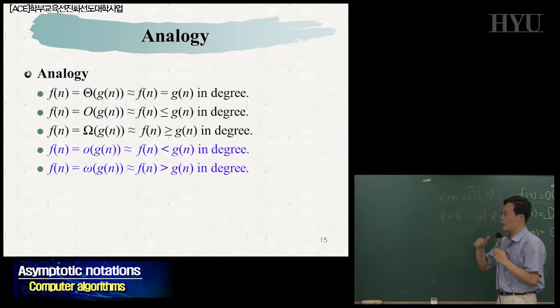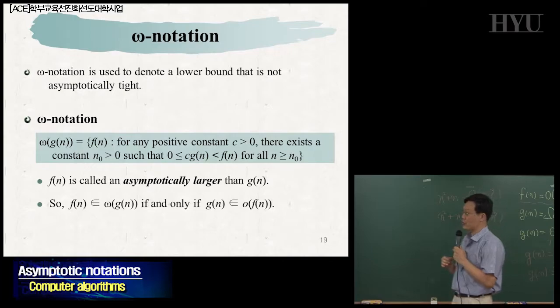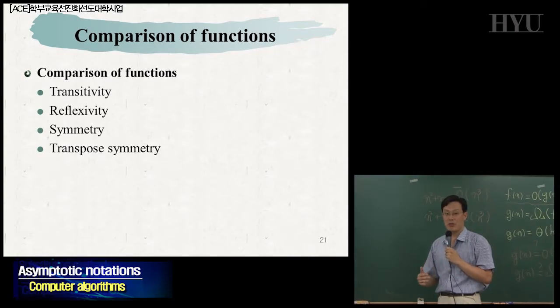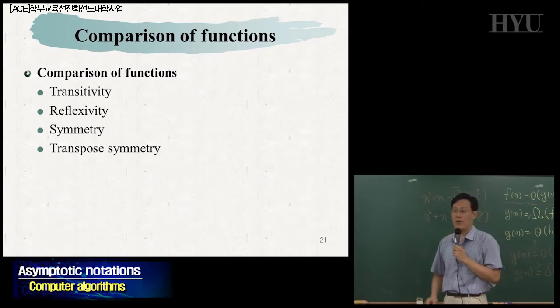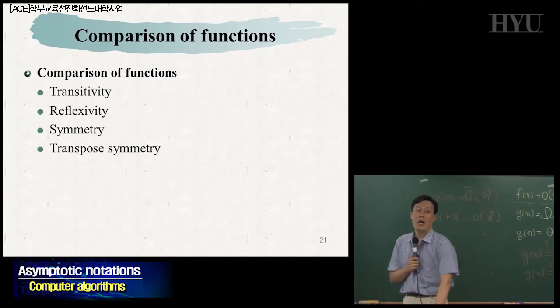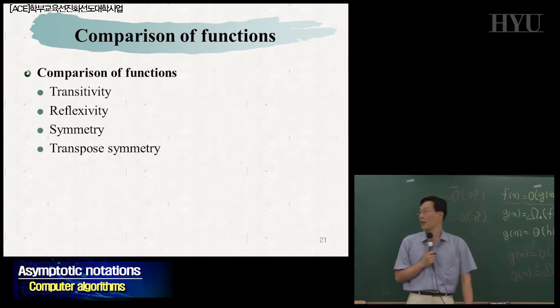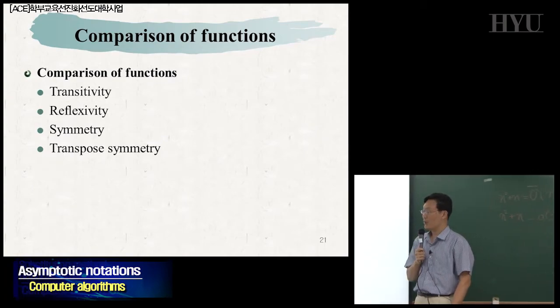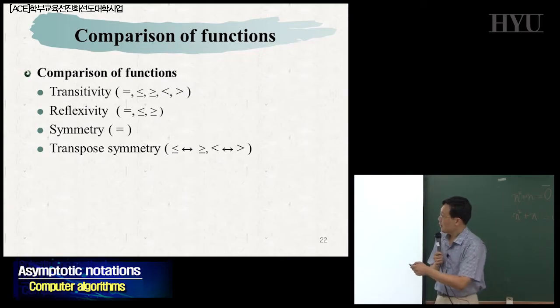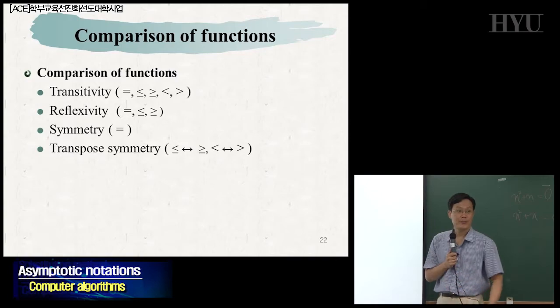I will explain comparison of functions: transitivity, reflexivity, symmetry, and transpose symmetry of the asymptotic functions. Before I explain this, I'll explain their analogies.